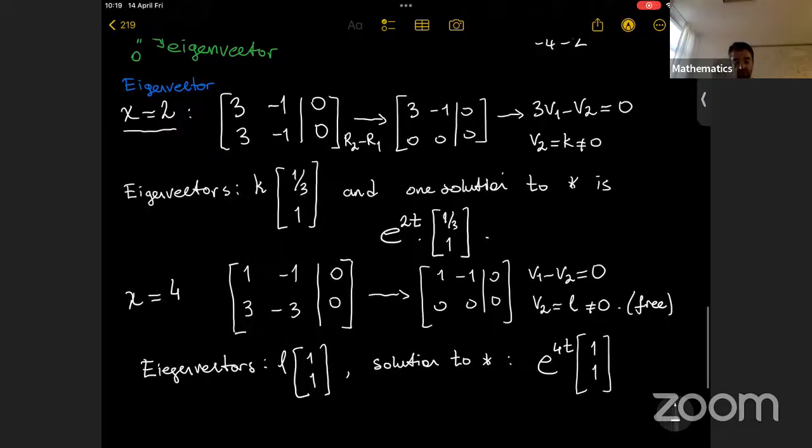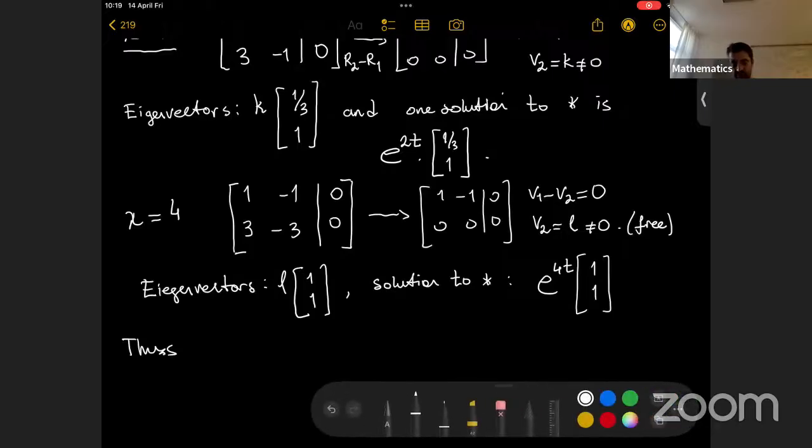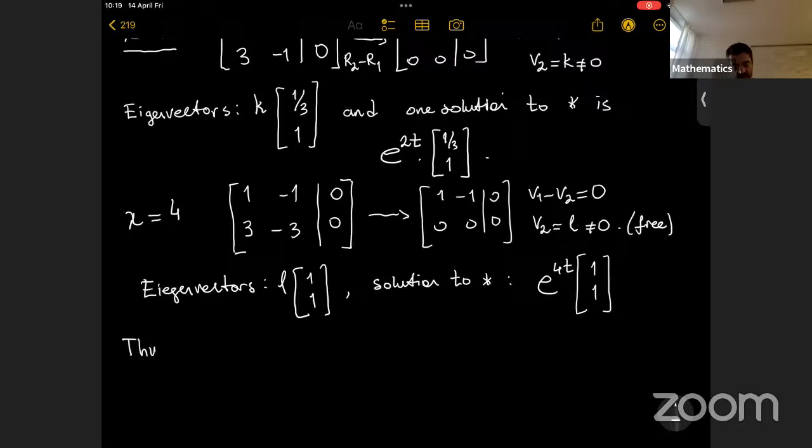Well, the general solution is, you don't need to check the linear independence here because we have different eigenvalues. And remember, when we have different eigenvalues, the corresponding solutions are linearly independent. Okay, so that's the general solution.